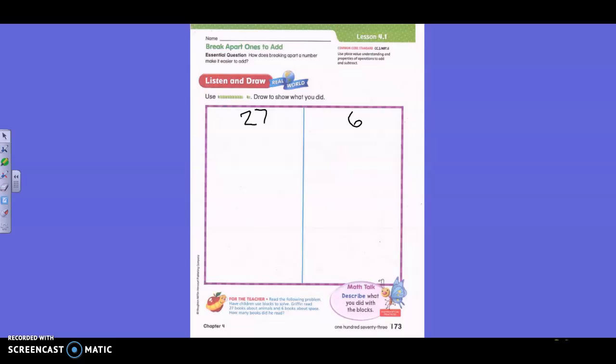Now, if I put 27 over here, how do I show 27 with blocks? 2 tens, 7 ones. How do I do 6? 6 ones. There is no tens in the number 6.